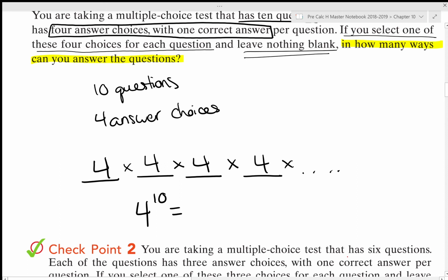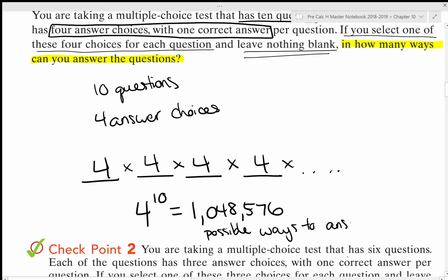So 4 to the 10th power, what you're going to get is 1,048,576 possible ways to answer the questions. So that's how many possible ways of answering this test if you just pick answers out of nowhere.